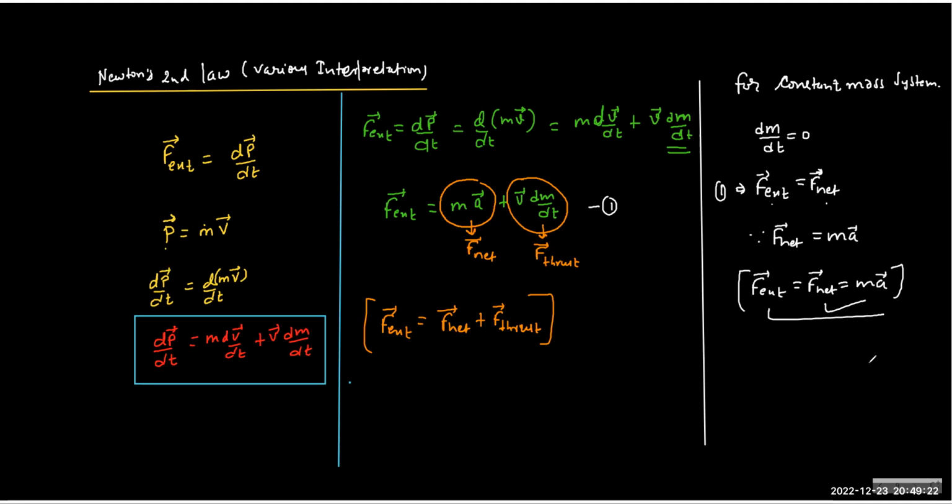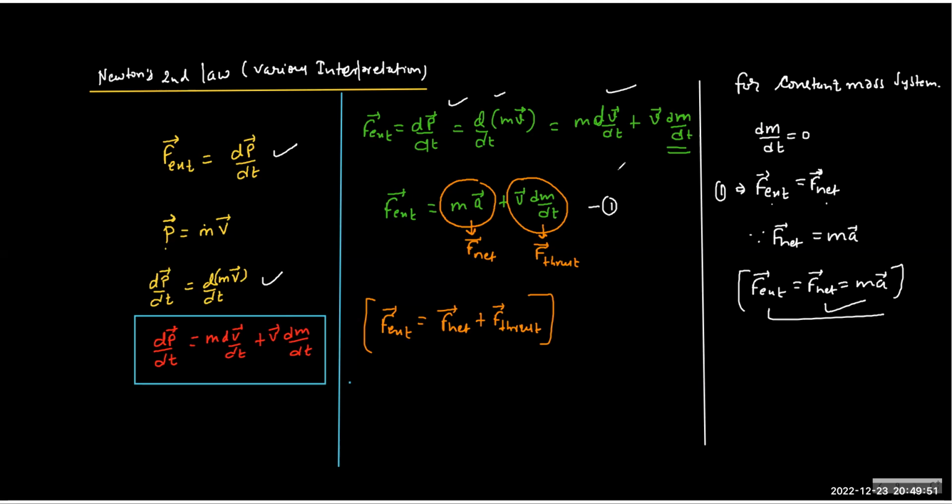When you studied laws of motion in class 9th, the variable mass system was not considered at all. So you were told that Newton's second law is F equals ma. Now in JEE, if you write Newton's second law as F equals ma, it's the wrong answer. So how to write Newton's second law? This way, or this way.